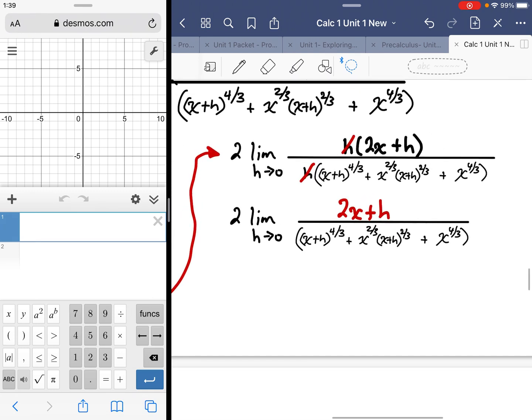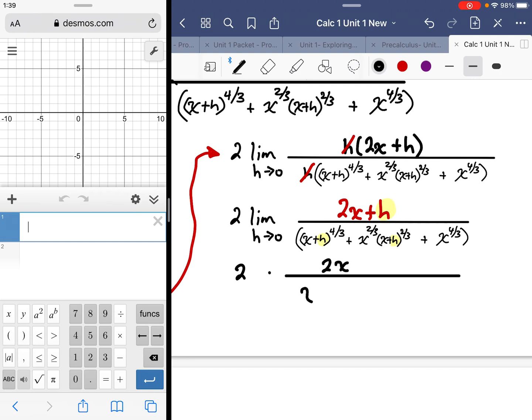All right, so now I can apply my limit. Everywhere there's an h, replace it with a 0. So I have that 2 that was out in front. I'm going to have a 2x over x to the 4/3 plus x to the 2/3 times x to the 2/3 plus x to the 4/3.